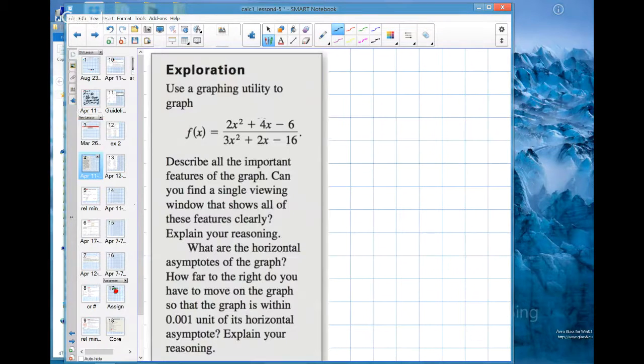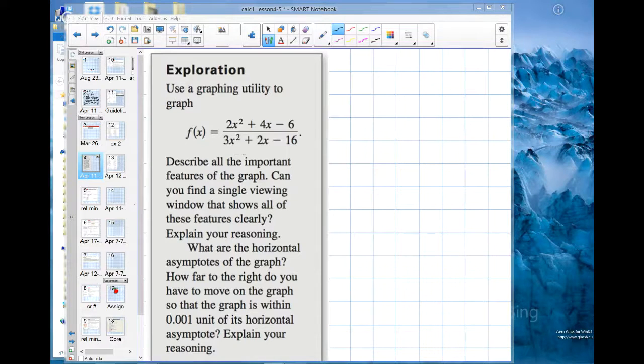Let me get rid of the pictures so we have full visibility now. We take a look at this function here. It says to use a graphing utility to graph it.